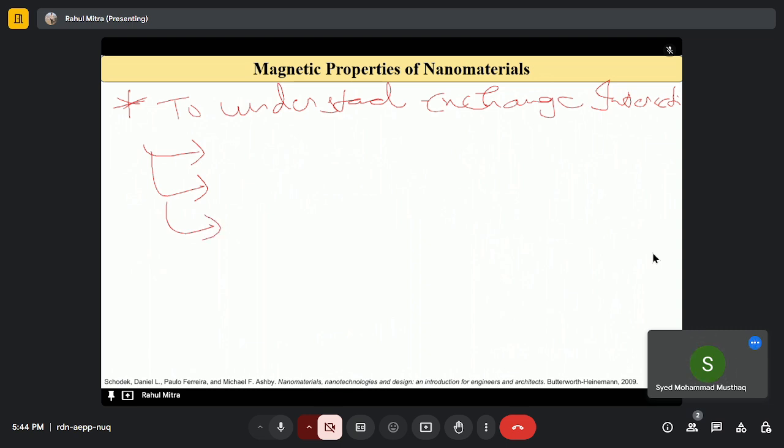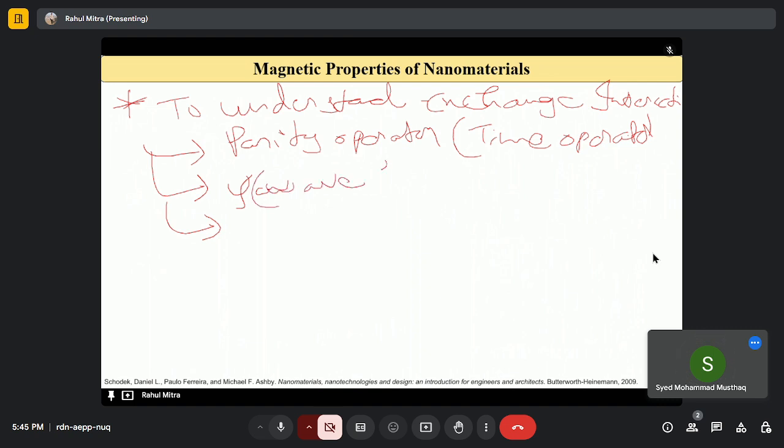The first thing we need to know is the parity operator, or time operator. And the other one is the wave function, writing the wave function for an electron in an atom.